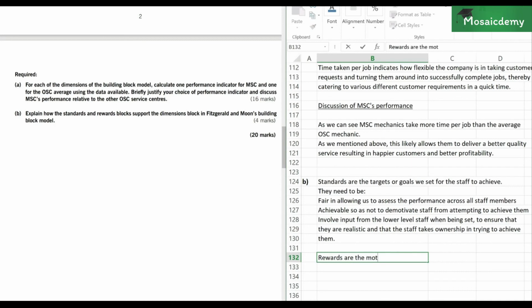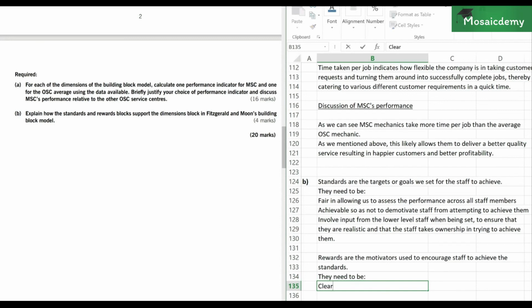Likewise, rewards are the motivators used to encourage staff to achieve the standards, right? They need to be clear in what needs to be done to achieve them, right?